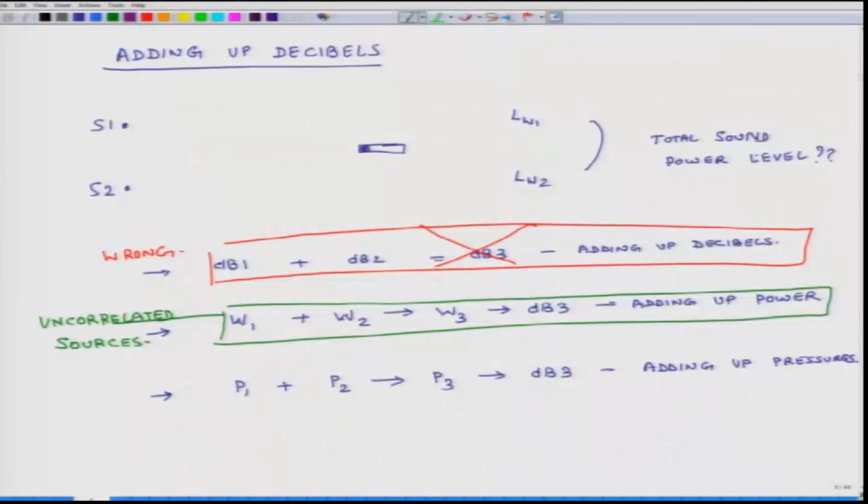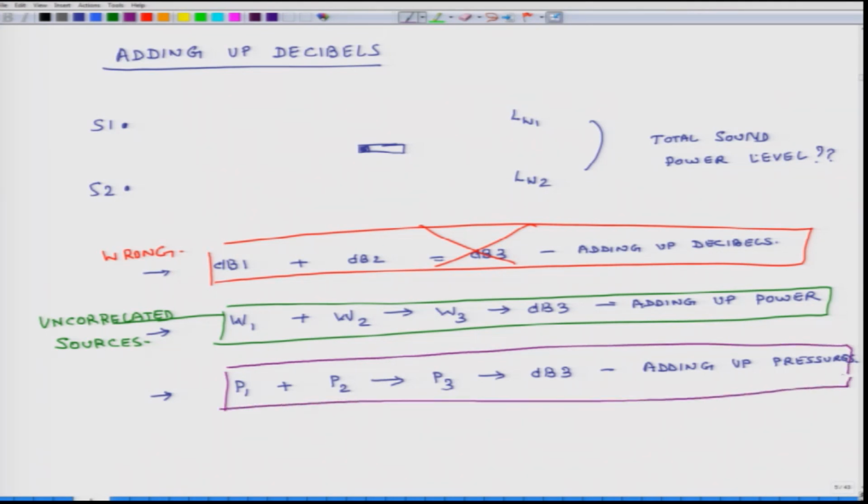And the third one, where we add up pressures, this is also okay, but this is only for correlated sources. So, if we have uncorrelated sources, we use the power method. If we have correlated sources, then we use the pressure method to compute the overall decibels when several sources of noise or sound are active.